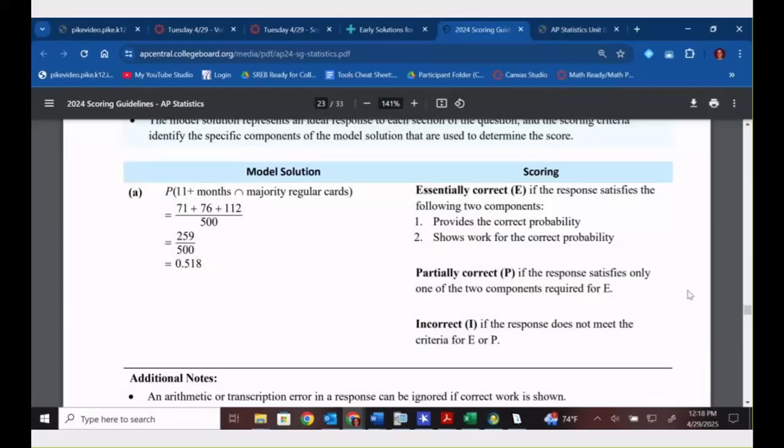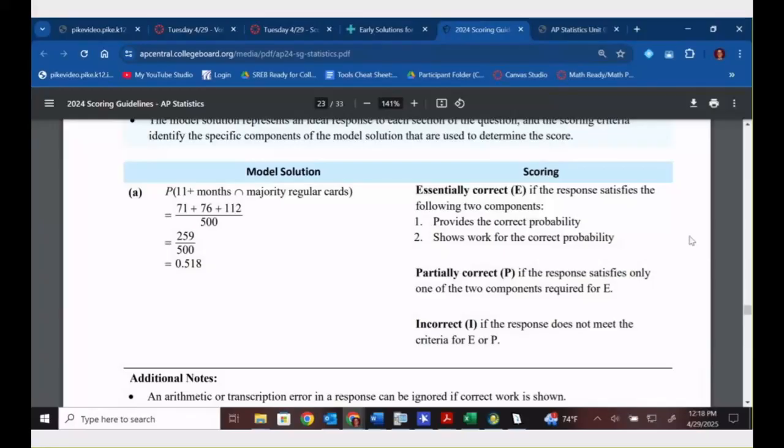If they left their answer in fraction form, but it is the correct fraction, then they could still receive full credit. It did not say it had to be in decimal form. So showing their work and providing the correct fraction or the correct decimal. E would be both components. If they only get one of the components, then they get a P. None of the components would be an I.